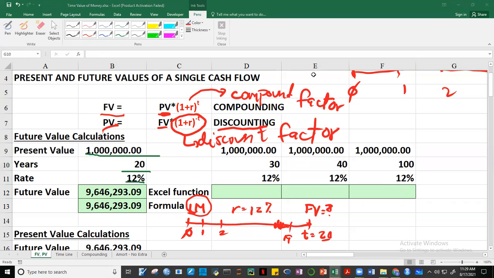Okay, may I see your answer? Okay, yes, pwede. Pwede natin i-copy. So I'm going here, Control C, or Command C, and then go here, Control V. And then from here, I can now just drag the formula to the right.